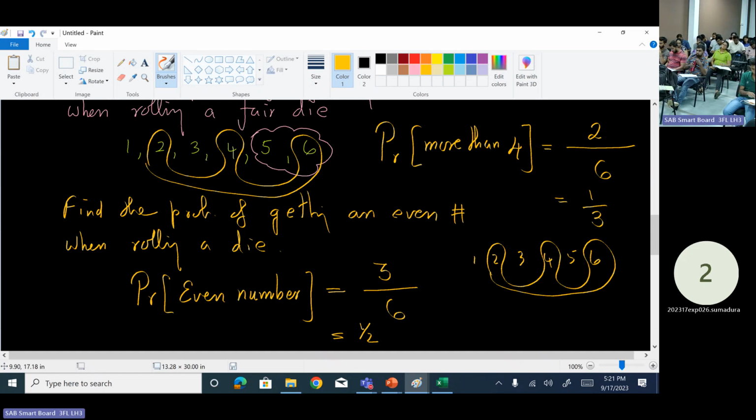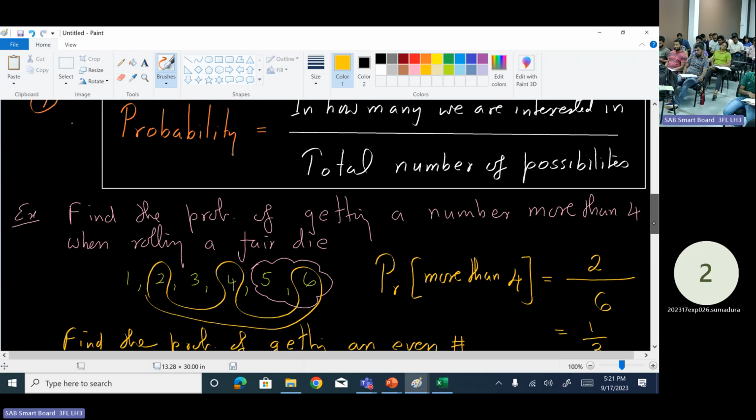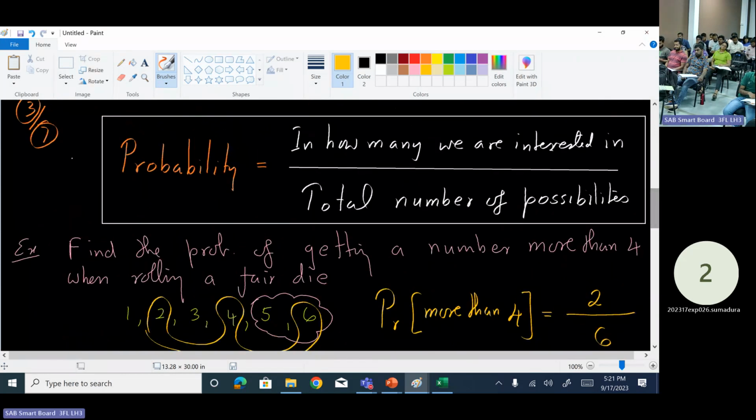So we are interested in 3 of them, and totally there are 6. So that is the classical approach. In the classical approach, probability is defined as a ratio: the total number of possibilities in the denominator, and in how many we are interested in the numerator.